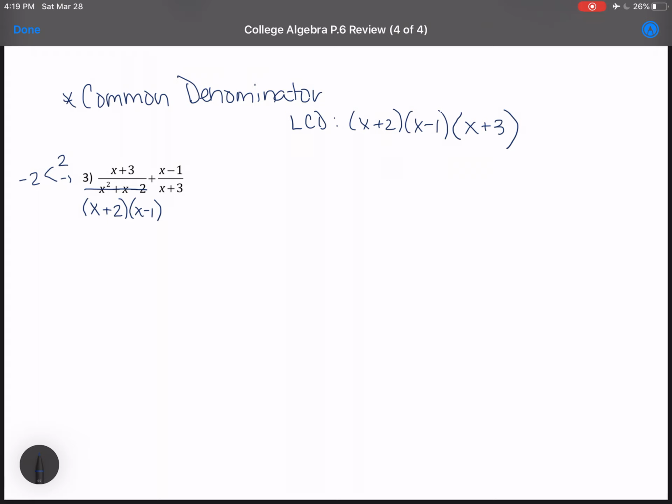So looking at this first fraction, we're missing the x plus 3. So we're going to write in x plus 3 on the top and an x plus 3 on the bottom. Okay. In our second fraction, we only have x plus 3. So our denominator needs to be multiplied by the x plus 2 and the x minus 1. So we're also going to multiply the numerator by that as well.